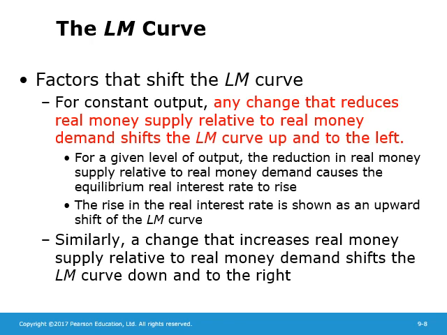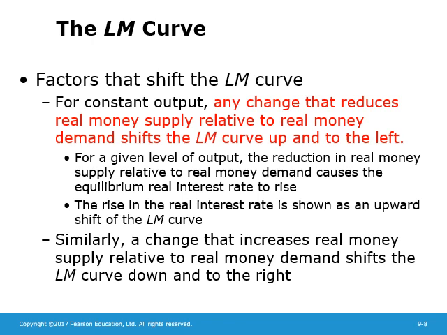Remember that the LM curve is the opposite of the IS curve. The IS curve was sloping downwards, while the LM curve is sloping upwards. So the shift will be up and to the left when there is a change that reduces real money supply relative to real money demand, as we will see shortly in the graphs.